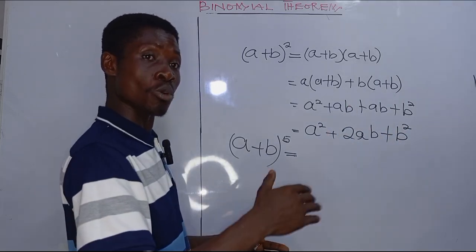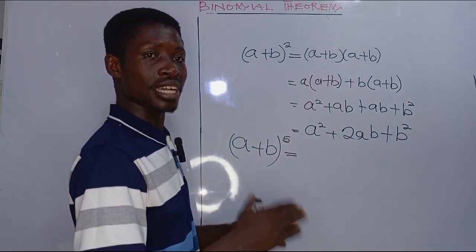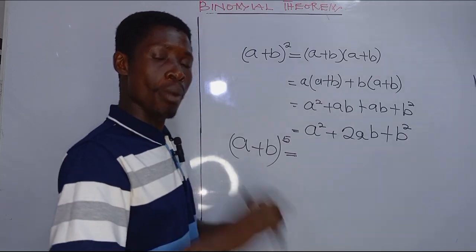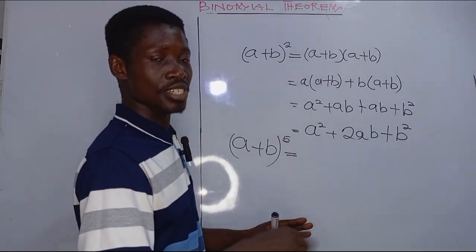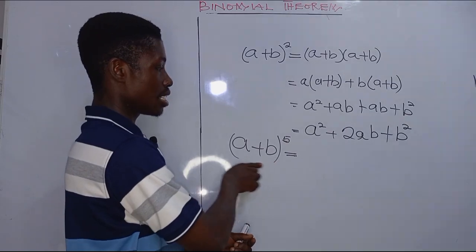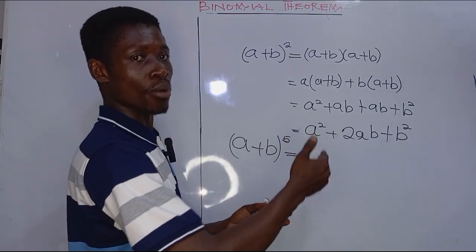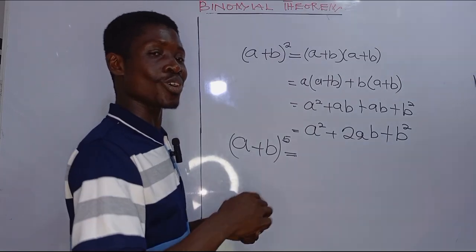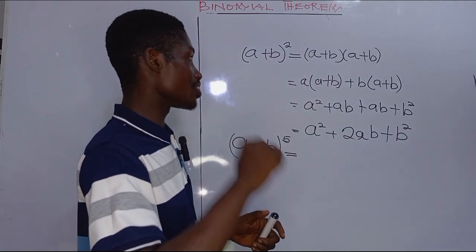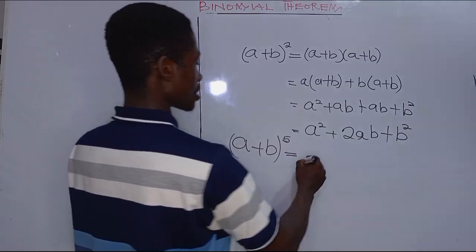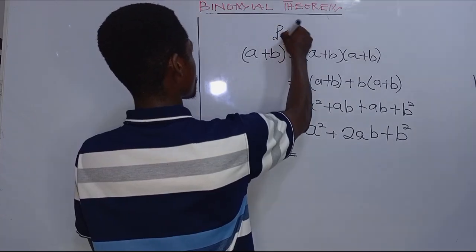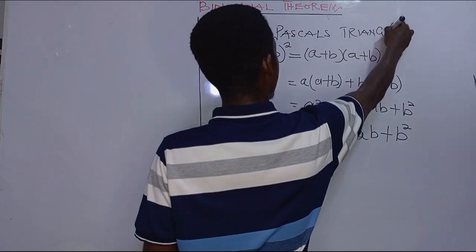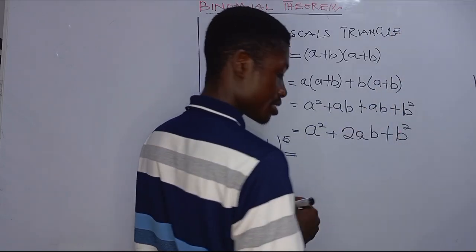If that happens, then we need a more powerful approach or method to enable us to expand a binomial expression to higher powers with ease or without any stress. Then this calls for what we call Pascal's triangle.